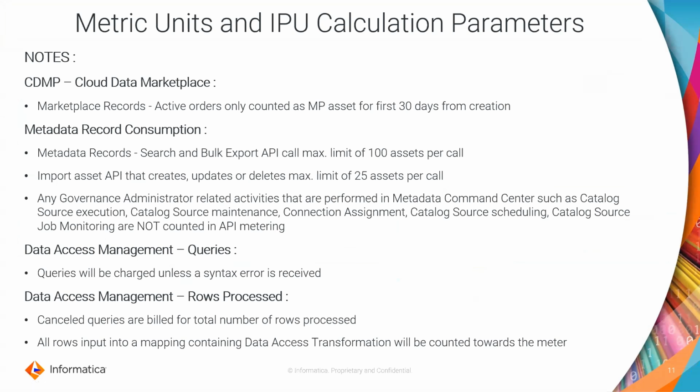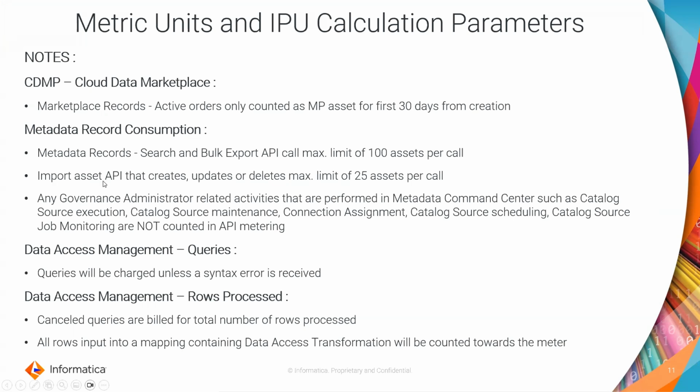So getting back to the slides, there are a few notes that should be kept in mind, which I sort of covered earlier as well. For the marketplace records, only active records are counted as marketplace assets for the first 30 days from creation. For the metadata records consumption, for the search and bulk export APIs, the max limit is 100 assets per call.